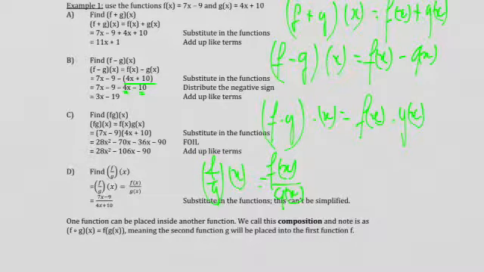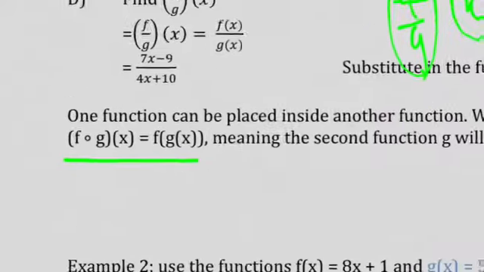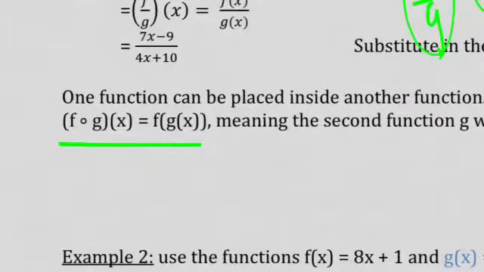Alright, we also have to talk about composition, and if I want to talk about composition, I need to remember that now we are going to talk about f of g of x. So f o g of x equals f of g of x. What does that mean?